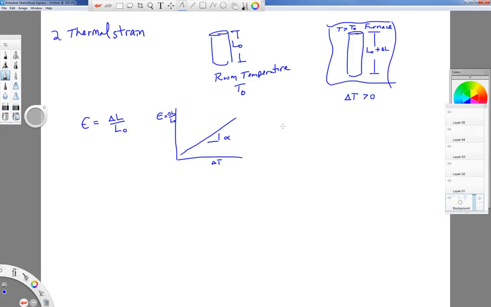What this says is that the strain due to a change in temperature, or the thermal strain, is equal to the coefficient of thermal expansion times the change in temperature. Thermal strain is also unitless, so while change in temperature may have units of degrees Celsius or degrees Fahrenheit, to make this a unitless quantity for strain, the coefficient of thermal expansion will have units of 1 over temperature.